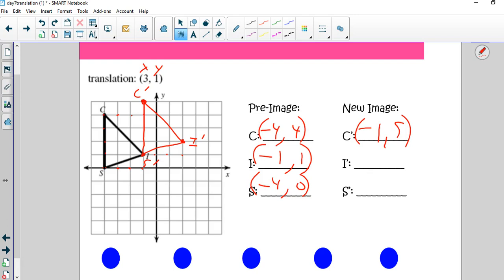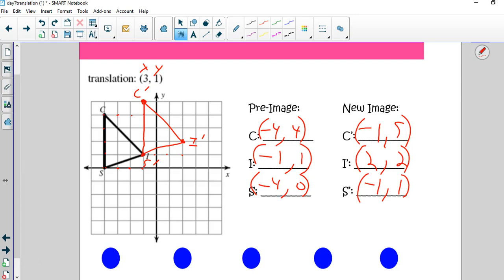Now it's all the way over at 2, and up 2. And then -4 was where S was. Now it's at -1 and up 1.